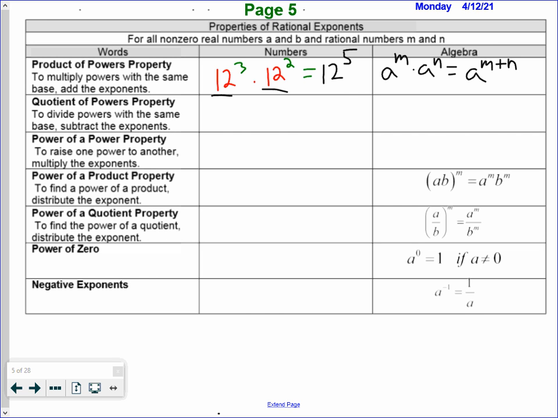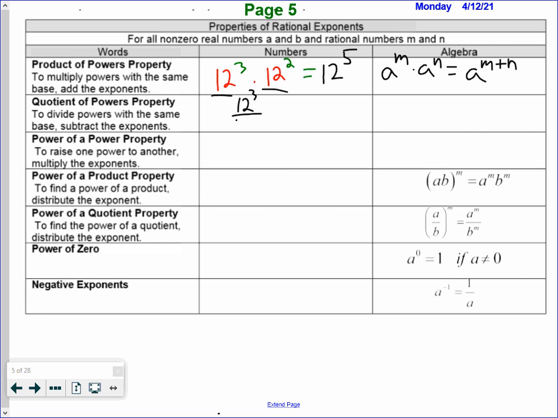For the quotient of powers property, what that says is pretty much the opposite of the product of powers property. If we're dividing two powers with the same base, we subtract the exponents. So if we have 12 to the third divided by 12 squared, the base of 12 is the same for the top and the bottom.